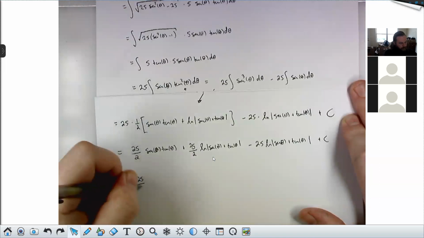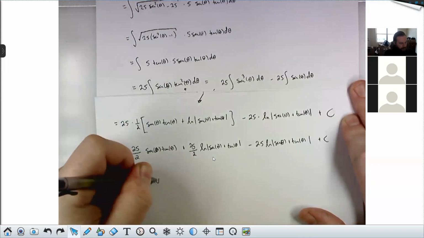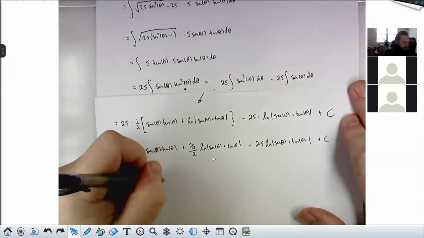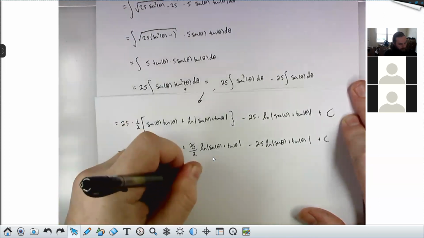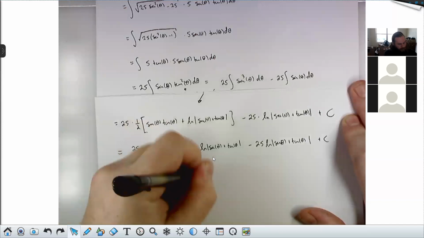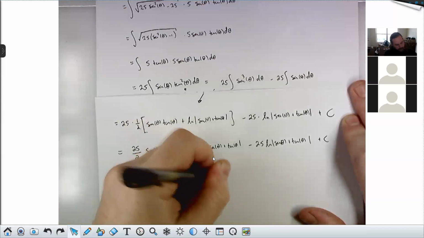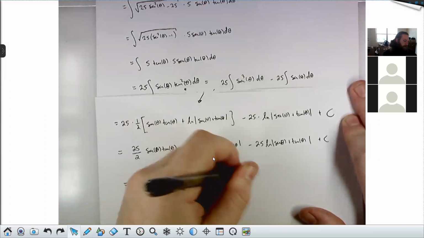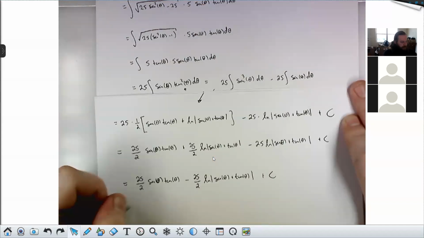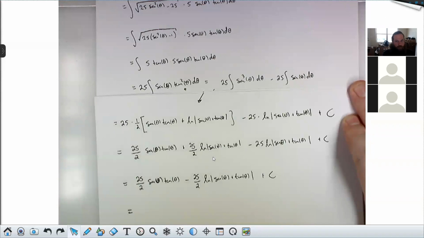So I keep secant theta tangent theta, minus 25 halves natural log secant theta plus tangent theta, plus a constant, and now we're ready to go back.